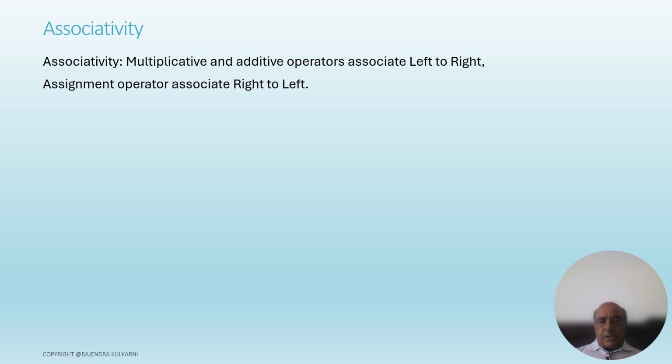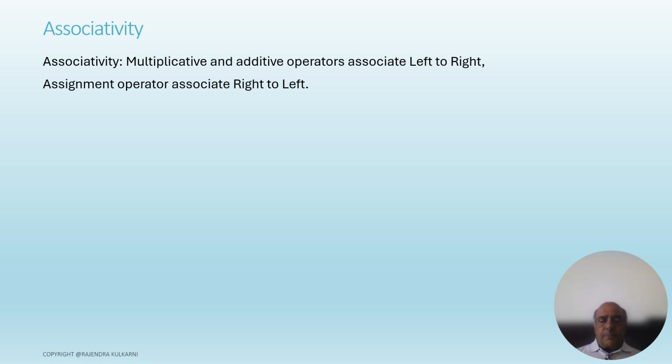Associativity is the other rule for evaluating an arithmetic expression. Multiplicative and additive operators associate left to right. That means they will be evaluated from left to right in an expression. Assignment operator associates right to left.